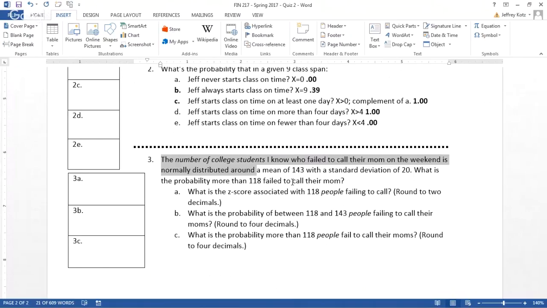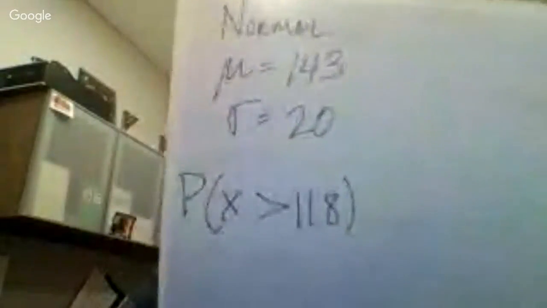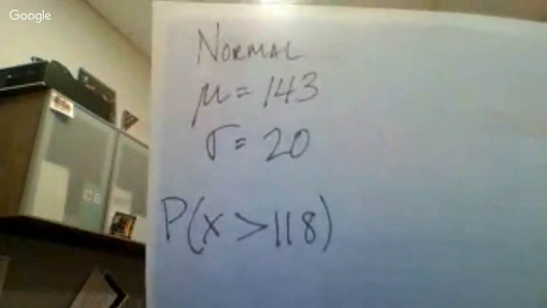Ultimately, I'm trying to answer the question, the probability that x is more than 118, which looks like this. I didn't add this last part right down here in the previous problem, but it just keeps me from having to Alt-Tab, and I can use all my screens effectively. Those are the things I'm trying to do.